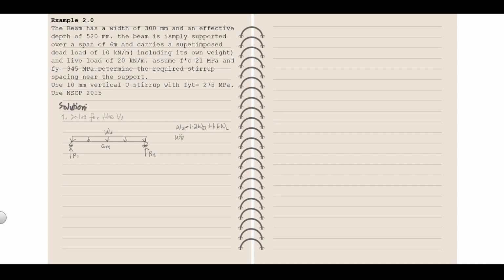So WU is equal to 1.2 times the dead load uniform weight, that is 10, including its own weight, plus 1.6 times WL, that is 20. So 1.2 times 10 plus 1.6 times 20, we will have 44 kilonewton per meter na WU.